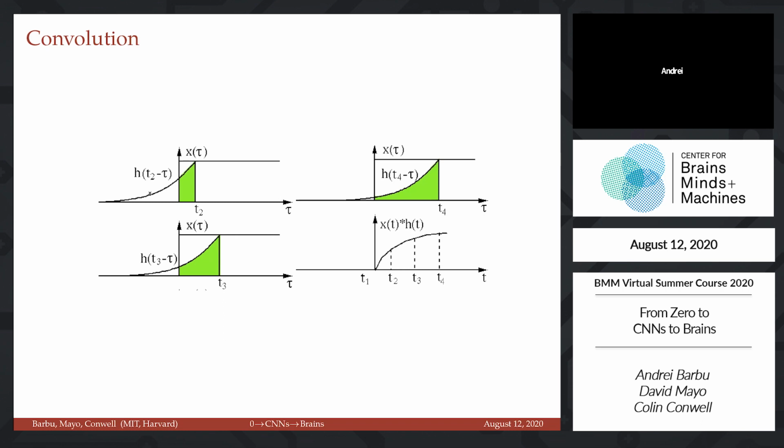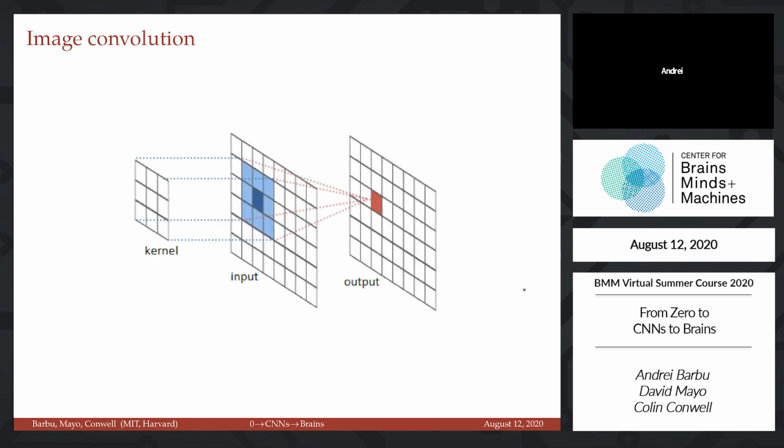In this case, you could imagine an audio signal, and this is its amplitude. And I have a filter, in this case, a box filter, and I slowly slide my filter along my signal, and I get a response for the filter to my signal. We can play the same game with images.